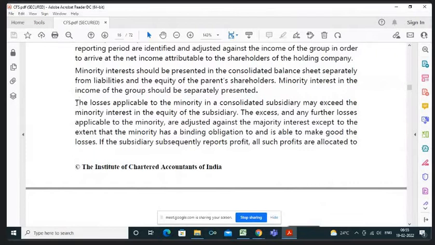In future years, when profits are there, the amount of minority's losses which the holding company has taken, first they should recover that. Then only they have to give the profits to the minority interest. So we have a practical question. At the time of doing that question, you will understand this concept better.